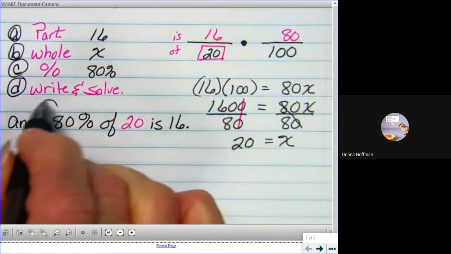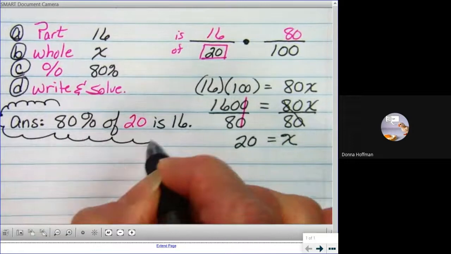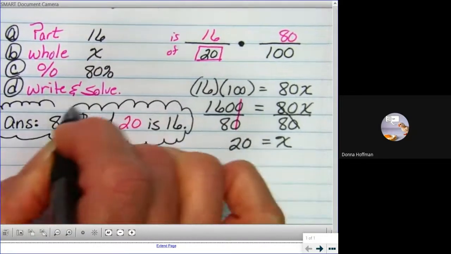So the answer is 80% of 20 is going to be 16.